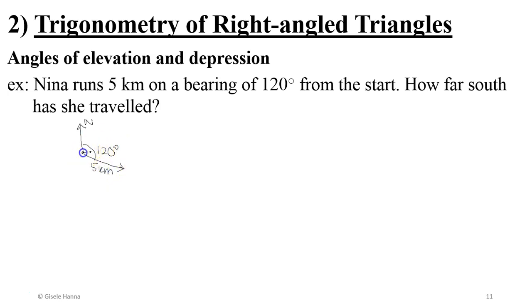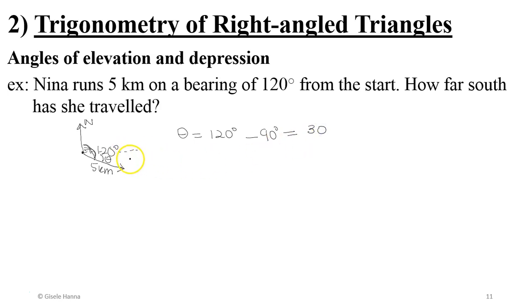So over here, if we were to split this with the horizontal line, and I call this theta, the whole angle is 120 degrees, and this is 90 degrees. So theta is 120 minus 90, which is equal to 30.